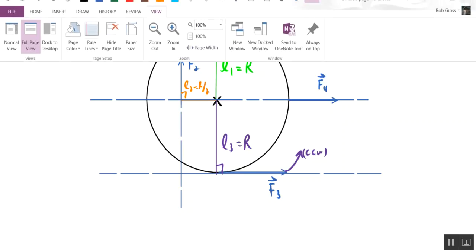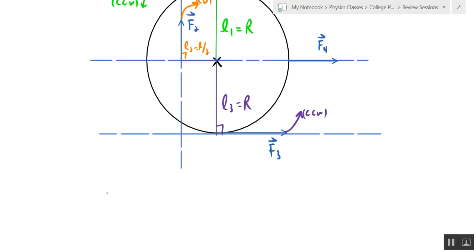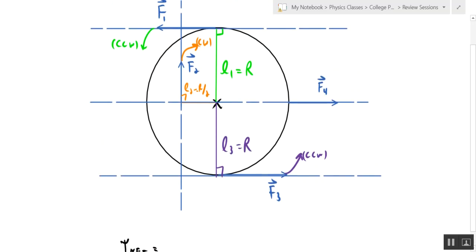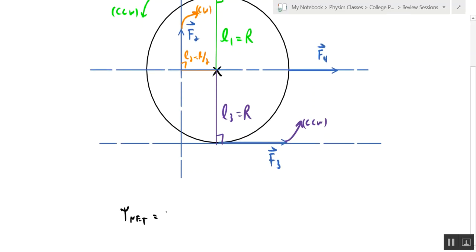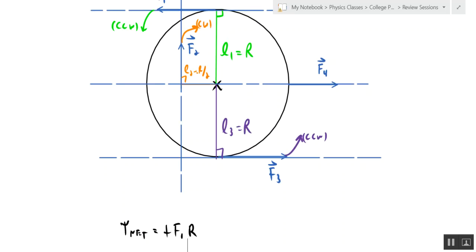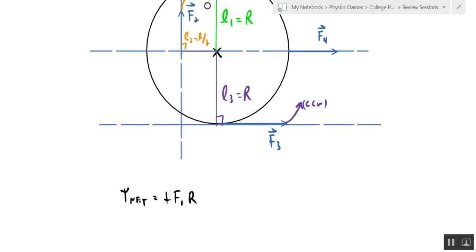So now what we can do is find the net torque, which is the sum of all the torques about the center. So this one is positive F1, right? So the torque is positive F1 times R. That's just from F1. F2 is clockwise, so it's negative.